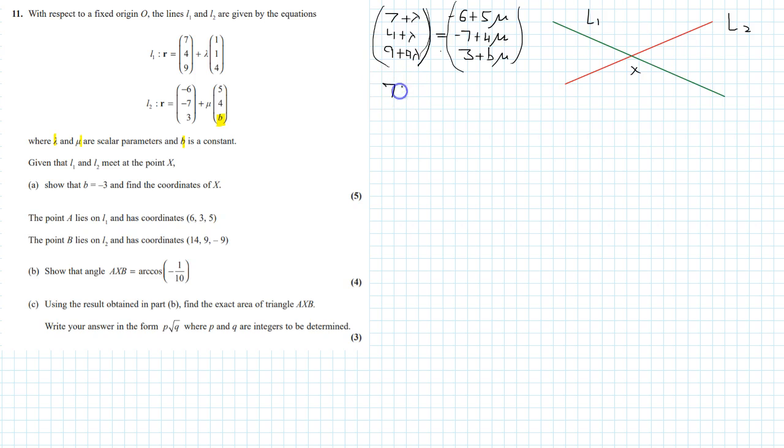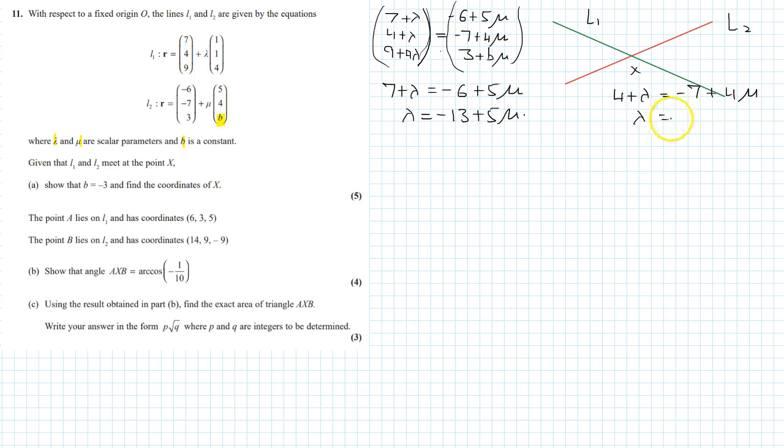So 7 plus lambda is equal to -6 plus 5 mu. So it means lambda is equal to -6 and -7, so -13 plus 5 mu. And from this equation, 4 plus lambda is equal to -7 plus 4 mu.